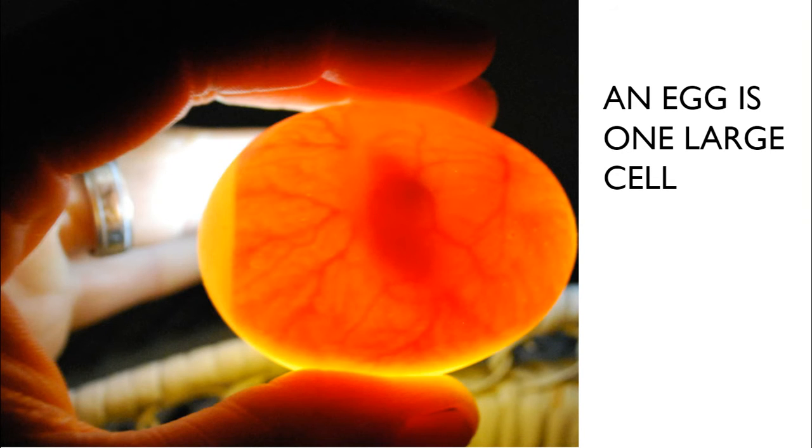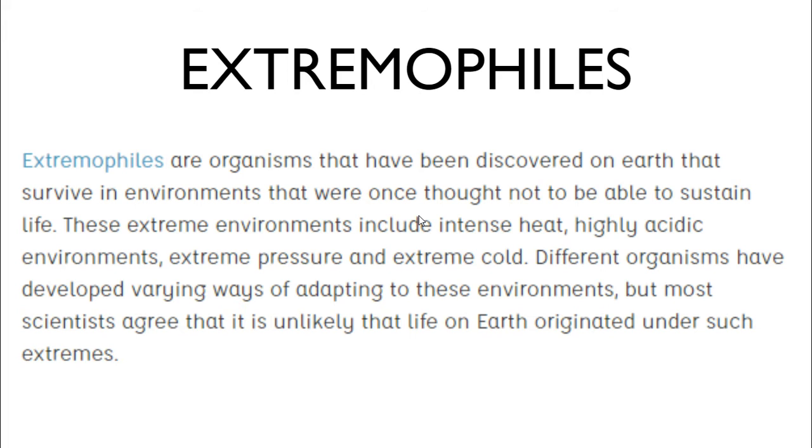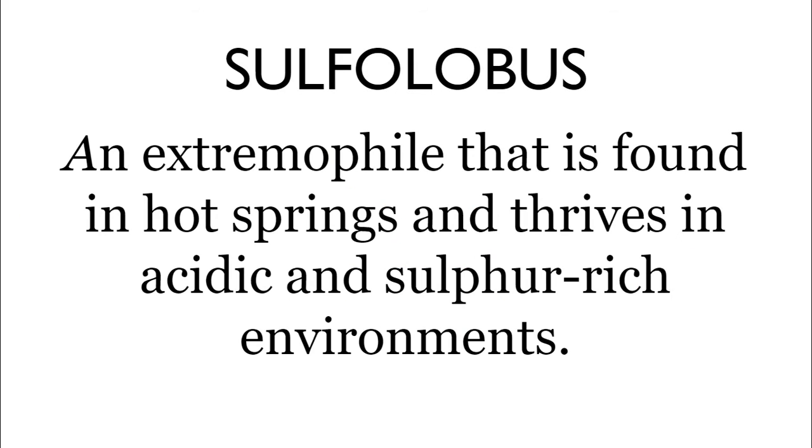Okay. All right. So I'm going to finish up my slides with this about extremophiles, my favorite of all microorganisms. Let me take you on a little ride here. Okay. I cannot say these words, so don't laugh. So this first extremophile is called a sulfolobus extremophile, and it lives in hot springs.